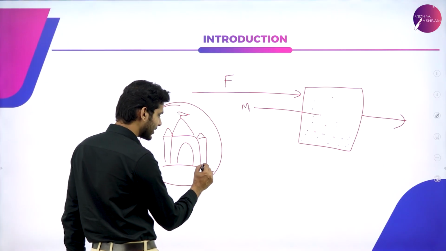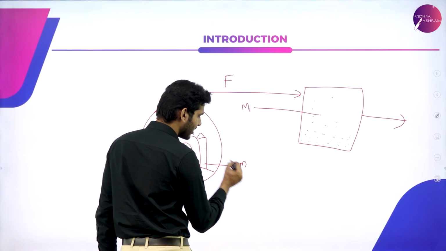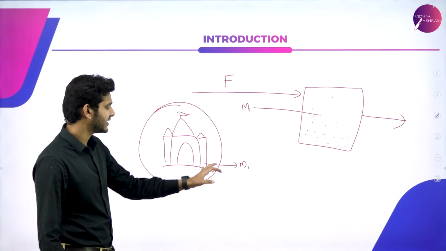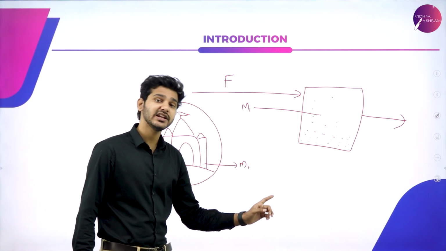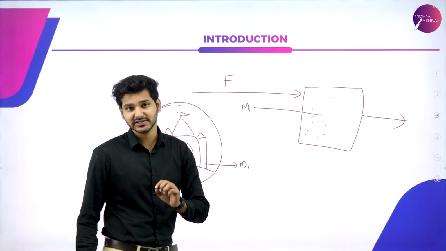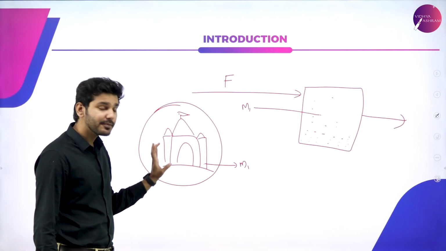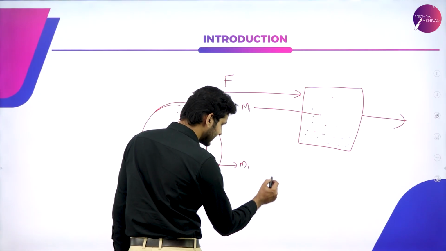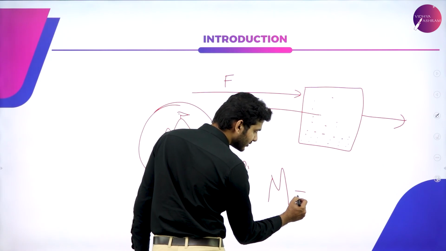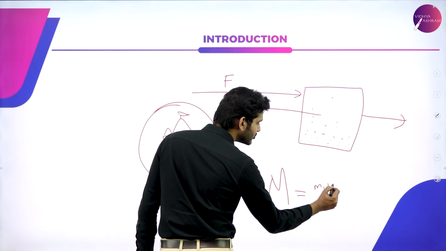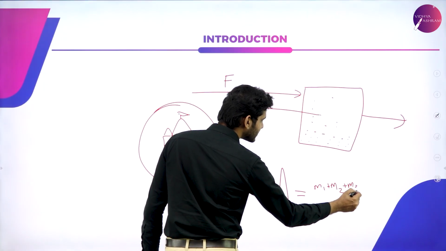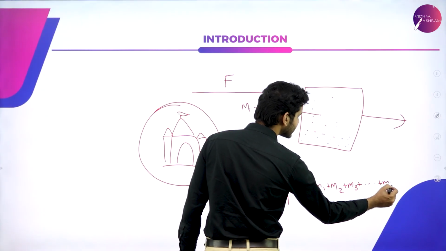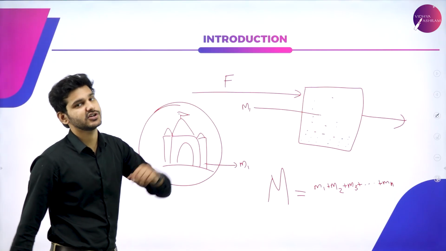So if I say that one such particle is having mass m and I am indicating it as 1, it is the first particle. So I am saying that one particle has mass m1 and the system is made up of n number of such particles. Then I can say that the entire mass of this particular system, let's say that is capital M, is equal to m1 plus m2 plus m3, etc., up to mn. If there are n number of particles, there will be n number of additions.